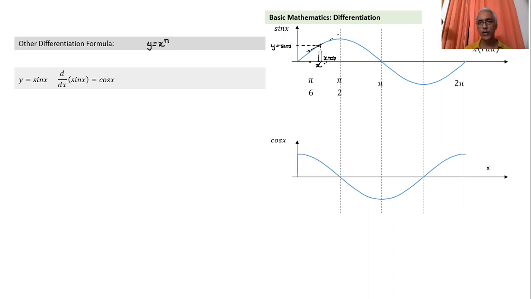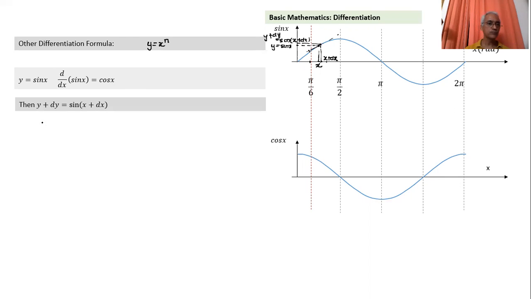What will be the corresponding y coordinate? It will be sin of (x plus dx), which can be written as y plus dy. So what has happened? The x coordinate has changed by dx, and the y coordinate has changed by dy, and that's how we find the slope. The slope will be dy by dx. That's the slope of the tangent.